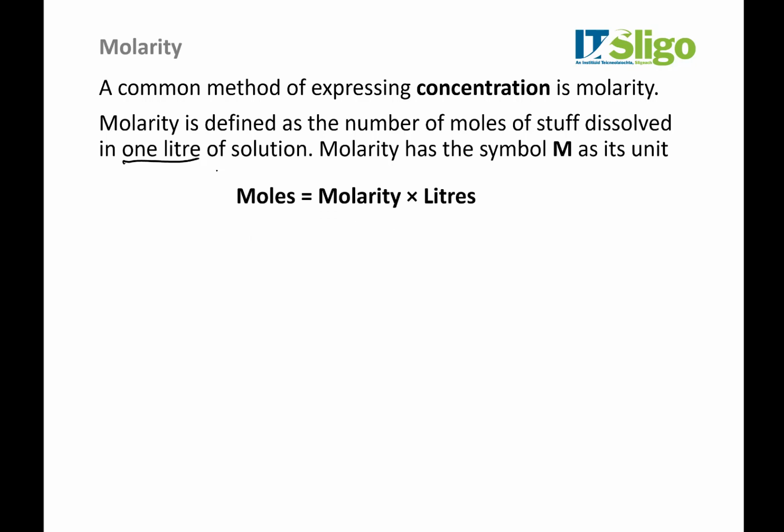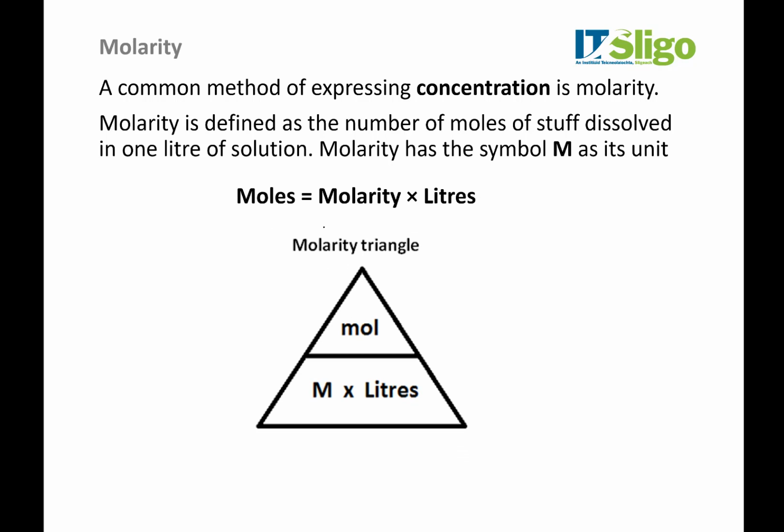So similarly, as we've seen before, whenever a function can be written like this, A is equal to B by C, we can write a triangle with A on the top and B, C below. So this is now our molarity triangle, describes the relationship between moles, molarity and liters.